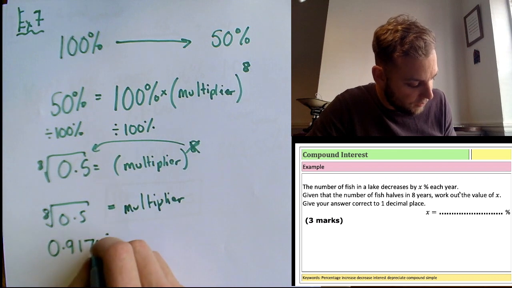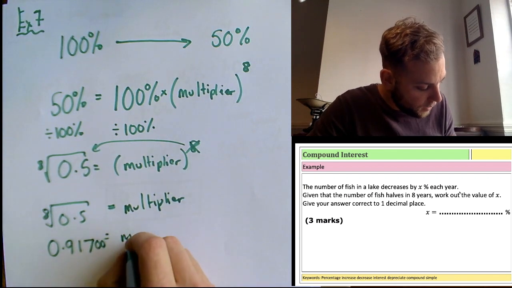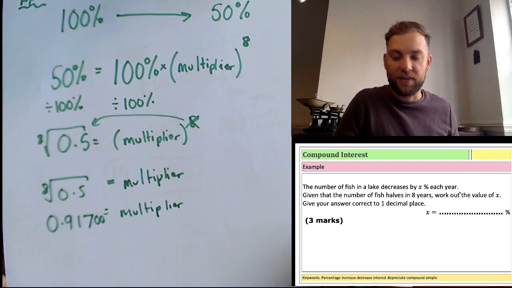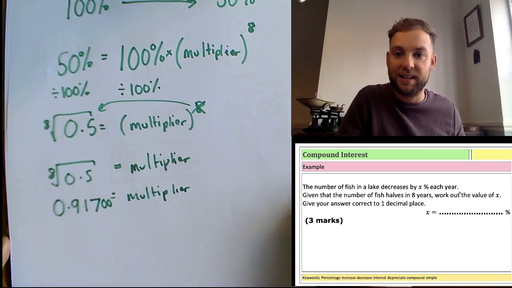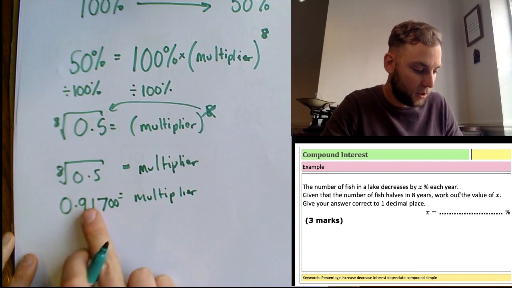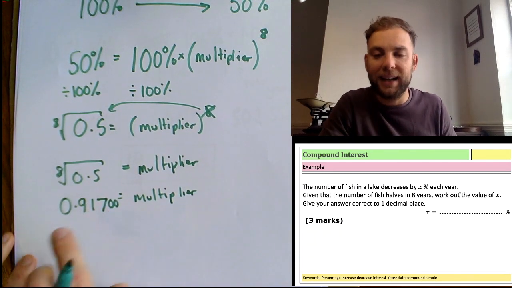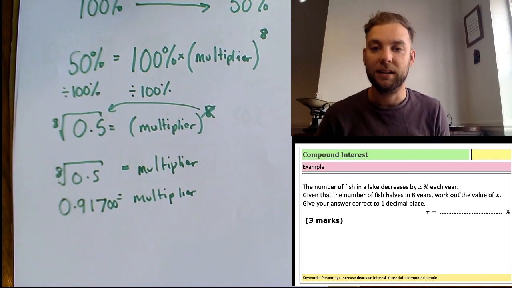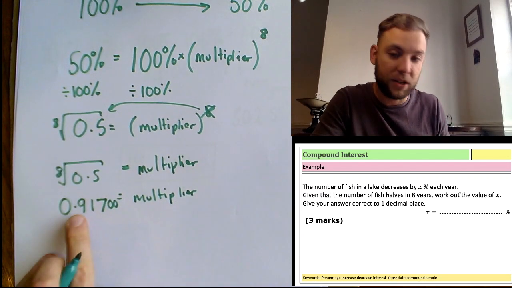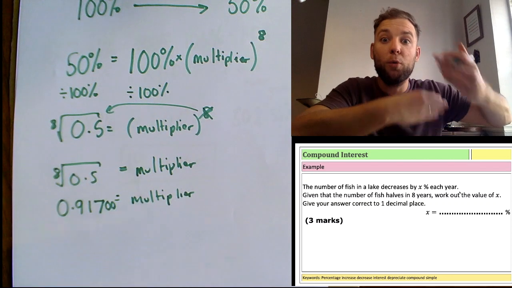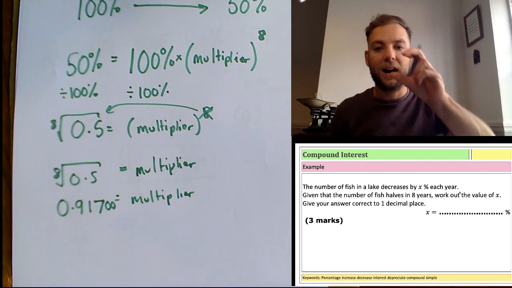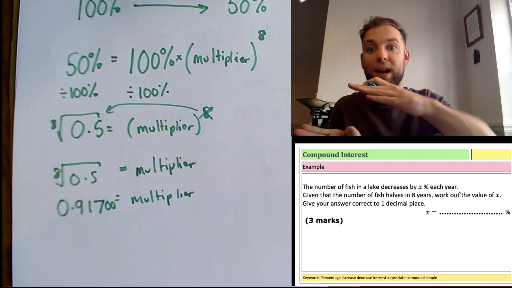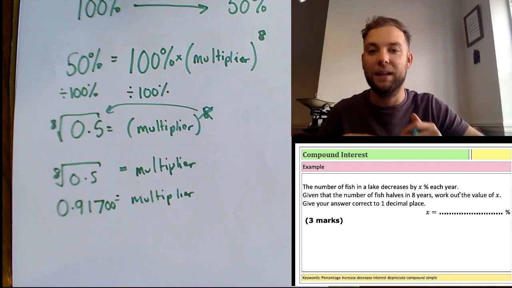0.91700. Now, I haven't actually finished there because this is just my multiplier, isn't it? This isn't my value. How do I find out what it's been decreased by? So what's my percentage actually being decreased by? Now the way I find that out is by knowing that when I go forward with this, you subtract it from 100% and then you divide by 100.